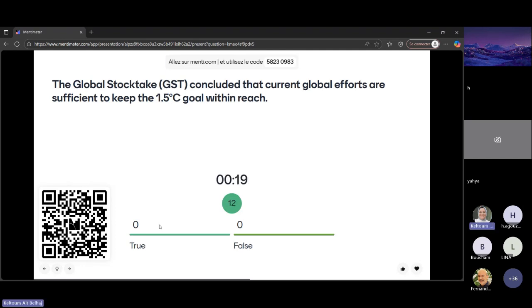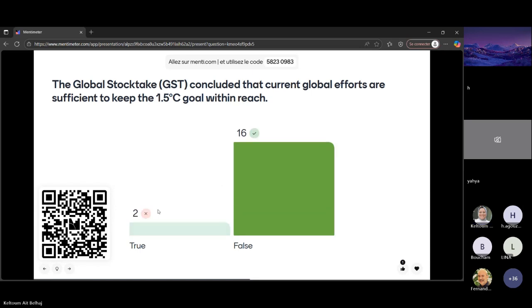Is it true or false? Is the Global Stocktake saying that the global efforts are enough to reach the goal of the Paris Agreement, or do we need to enhance our NDCs more? Is it true or false? We have 18 answers. Exactly, it's false.